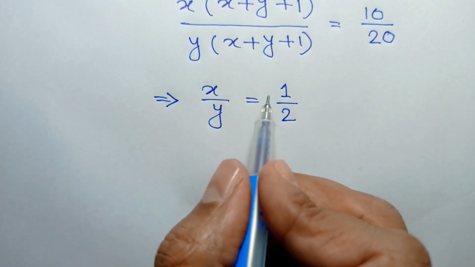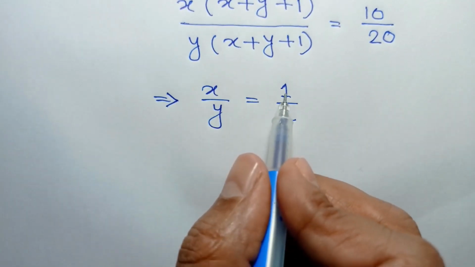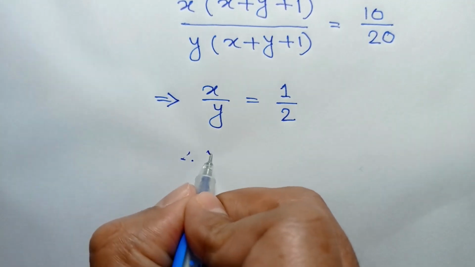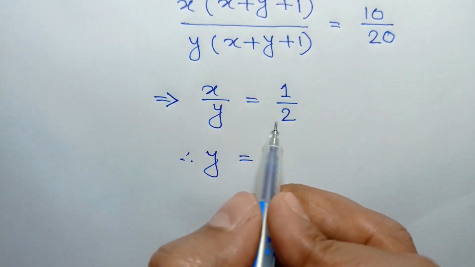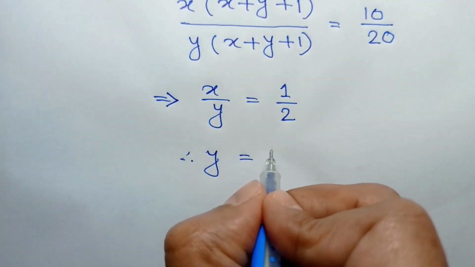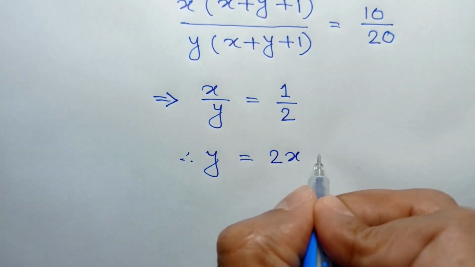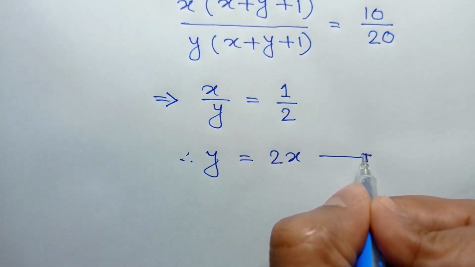Now applying cross multiplication we can write y times 1 is y is equal to 2 times x is twice x. Call it equation number 5.